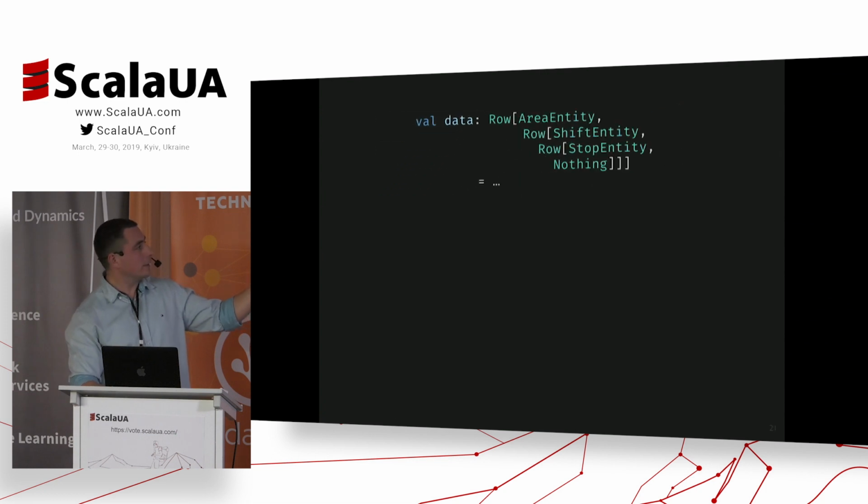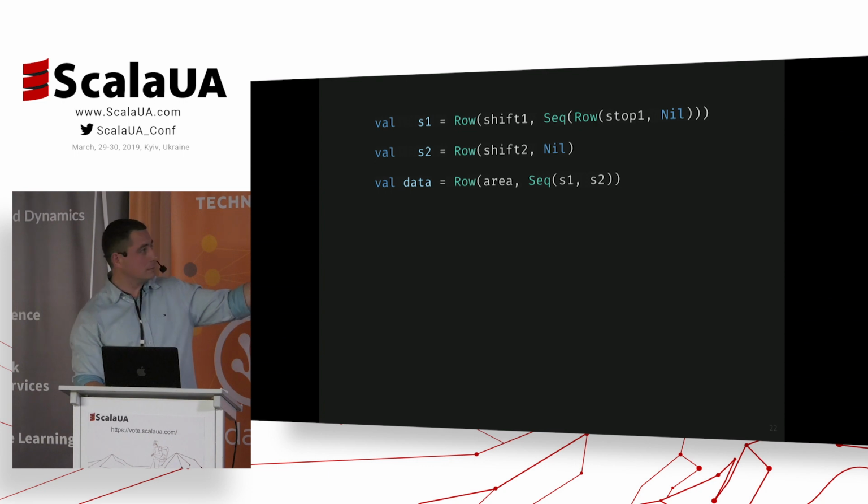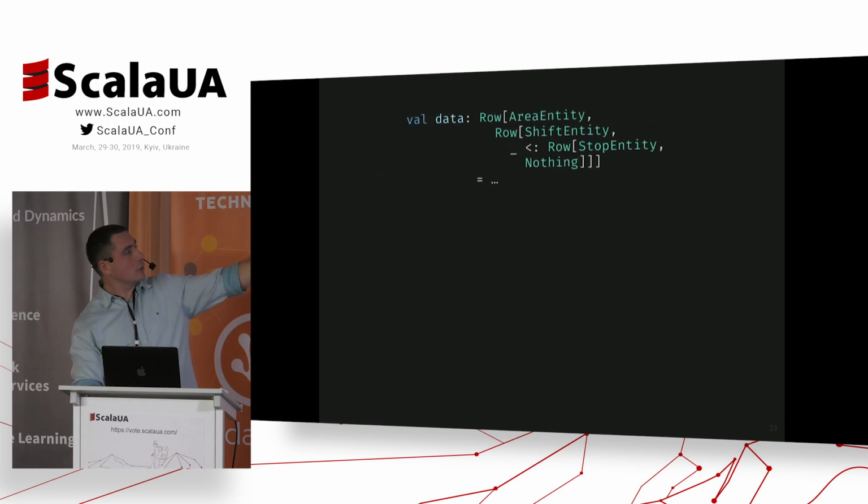Okay? The type of the thing is exactly as I told before. It's a row of area entity. It's nested. We don't want to have this, especially in the case if we, like here, don't have any stops in the second shift. Then the type is something even more complex.